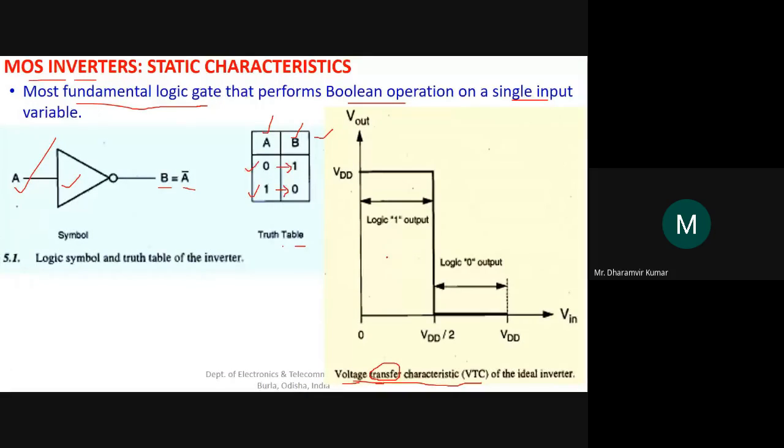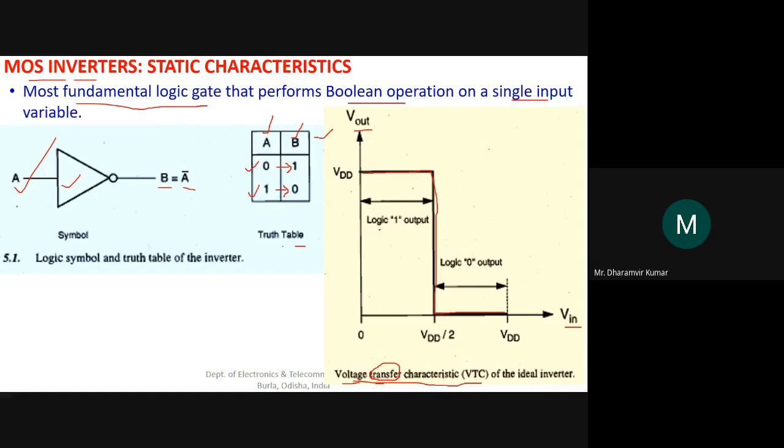So the y-axis is the dependent parameter, that is output voltage, and the x-axis is the independent parameter, that is input voltage. When you plot the graph between input and output voltage for an ideal inverter, the graph will come like this. This is straight, and this is the transition occurring from 1 to 0, and this is logic 0.